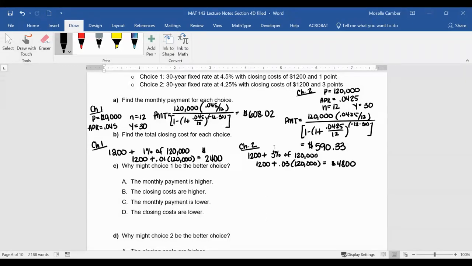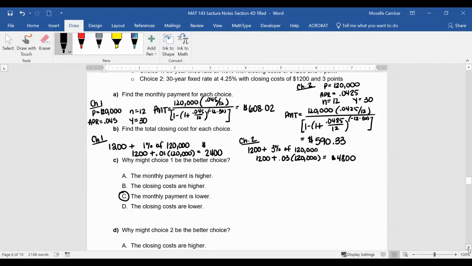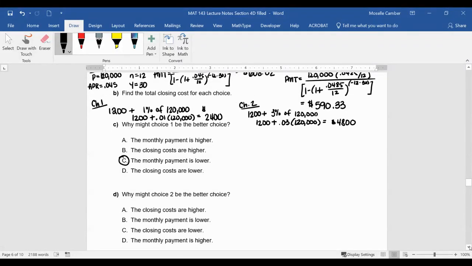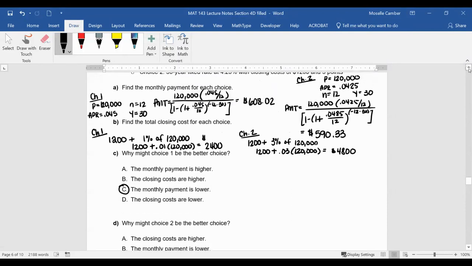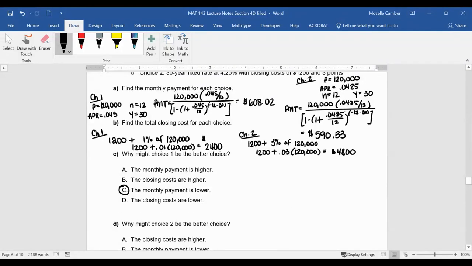So which one would you choose? Choice 1 or choice 2? So choice 1 could be better if you want the lower closing cost. Choice 2 could be better if you want the lower payment. So if we're looking at payments, the lower payment we like better, so that's choice 2. For closing costs, we like the smaller closing cost, that would be choice 1.